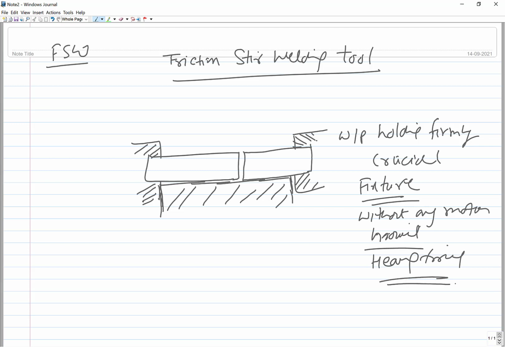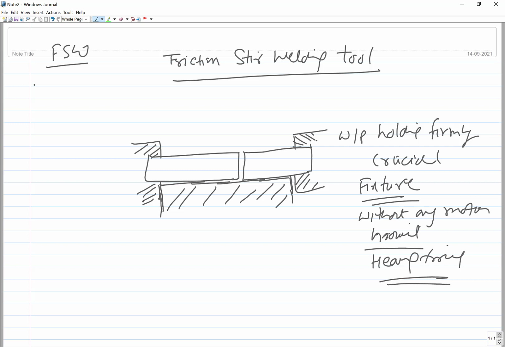If there is a little shift in the plate positions, then the joint will not be formed, and you may find the weld line somewhere else than where you need to develop a joint. So the joint may not be developed at all in that case. So this is the first thing, proper holding of the workpieces in position.